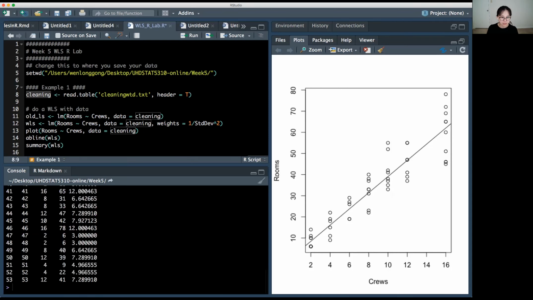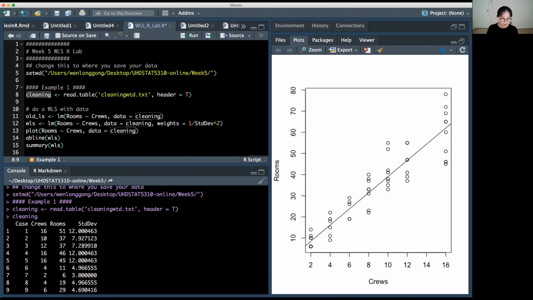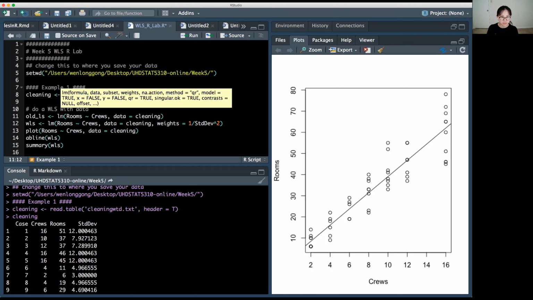Now the data has another column here called standard deviation. We're going to use this later. Previously, this is our regular linear regression model.